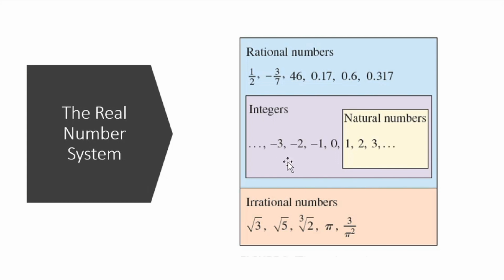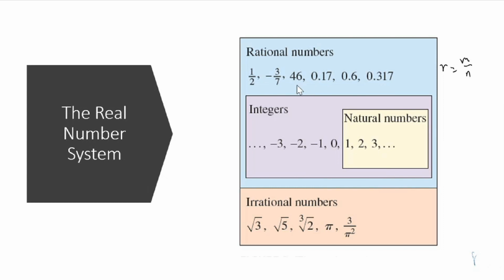Now we construct the rational numbers. Usually rational numbers are taken as the ratio of two numbers. Thus, any rational number R can be expressed as R equals M over N, where M and N are integers and N is not equal to 0.